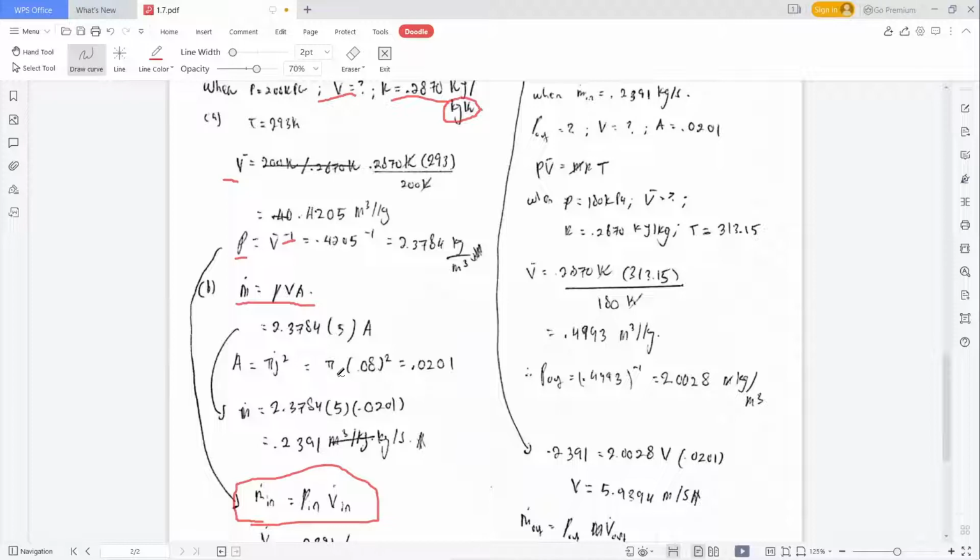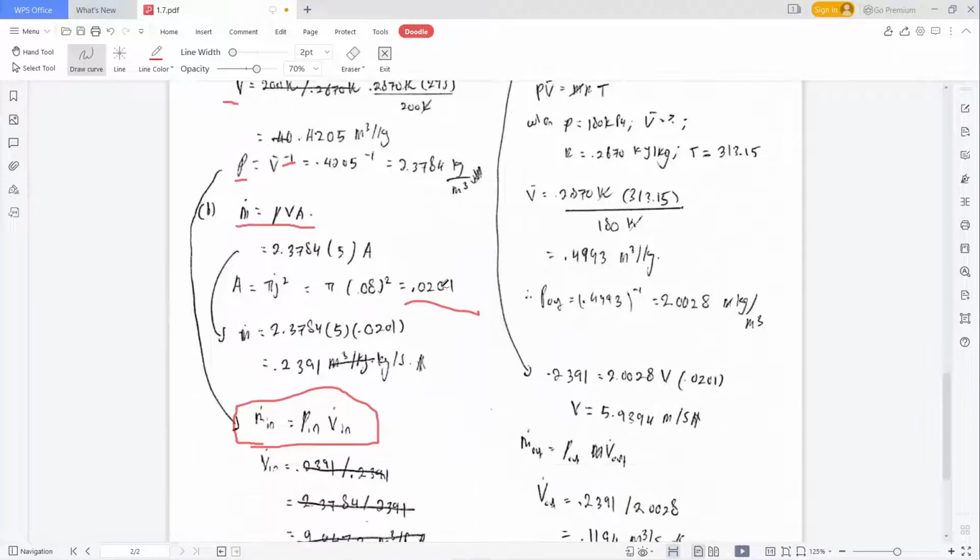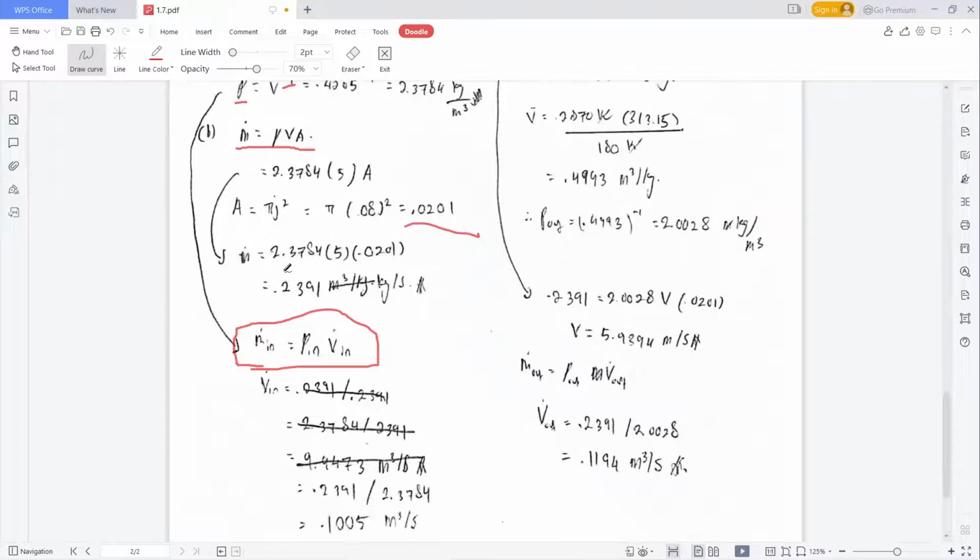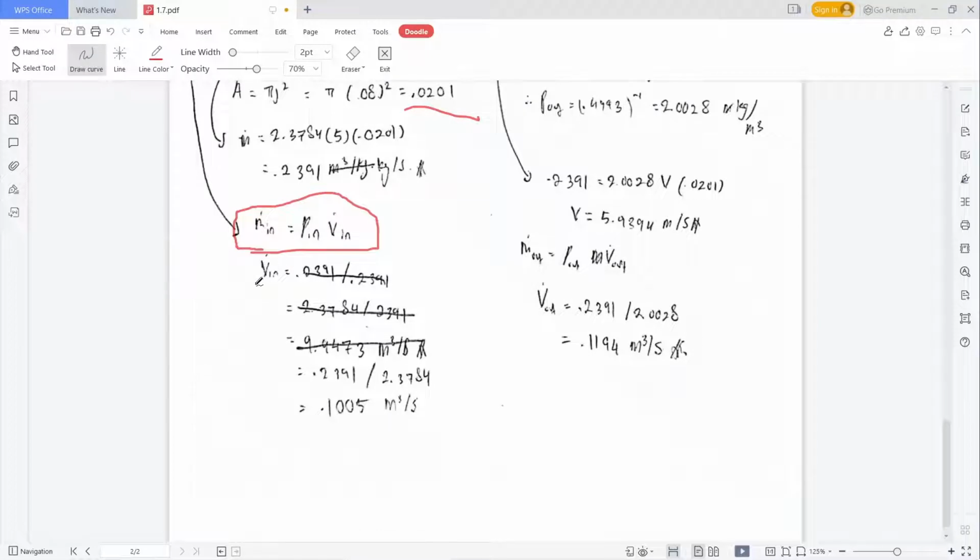Since the diameter is 16 centimeters, you need to convert it into meters. Then divide by 2, and we get pi times 0.08 to the power of 2, which gives 0.0201 meter square. So we calculate the mass flow rate and get 0.2391 kg per second.